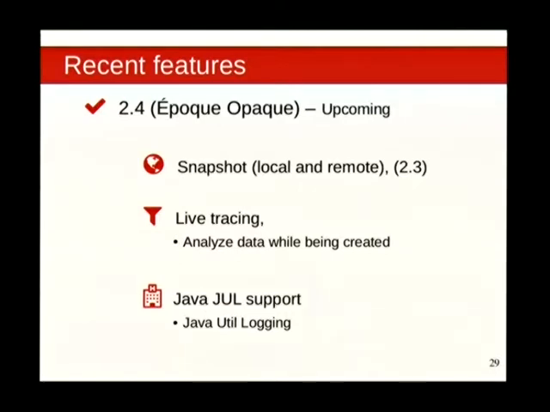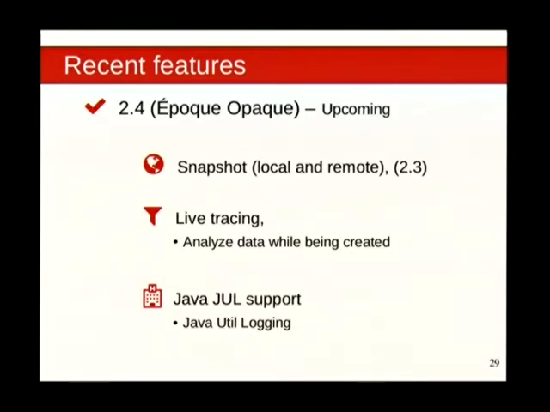So we're following the alphabet, starting at A. 2.0 is Annandale, 2.1 is Bosse Smith, 2.2 is Cuda, which is a very nice IPA from a microbrewery in Montreal. And 2.4 is Epoch-Opaque, the E one, from a microbrewery called Trou du Diable in Quebec.